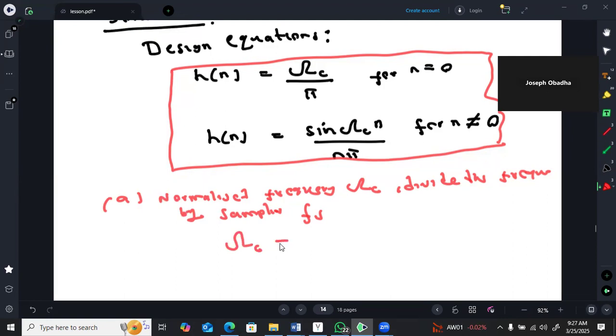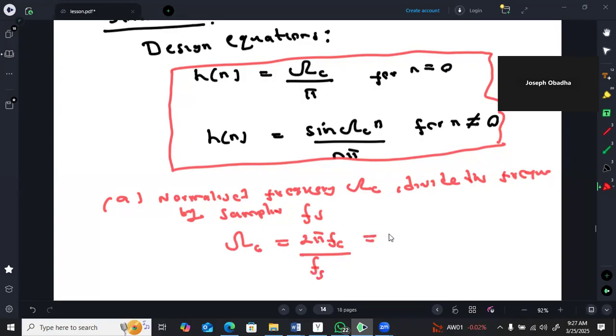Remember, omega is equal to 2 pi f, of course, but now this is the normalized one. We have 2 pi f c over the sampling frequency.